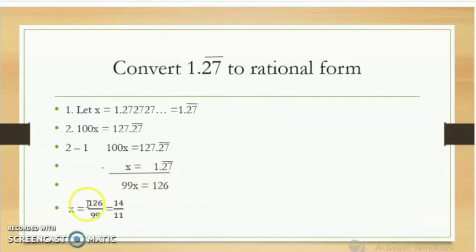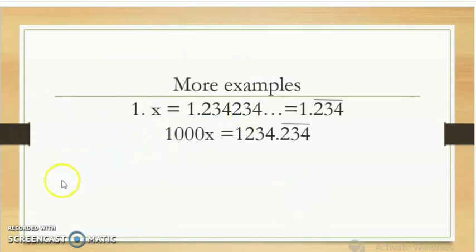So we get x as 126 by 99. If we divide by 9, which is the highest common factor, we get 14 by 11. So that is the rational number whose decimal expansion will give us 1.272727, and it goes on.